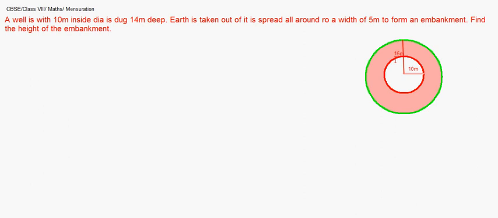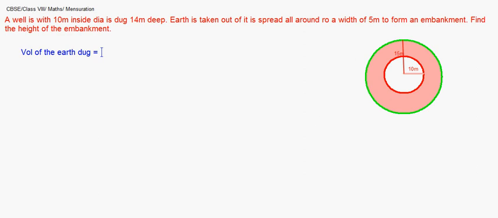Now we find the volume of the earth dug here. Volume of the earth dug from that well will be pi r square h. That will be in the form of a cylinder if you imagine the well.